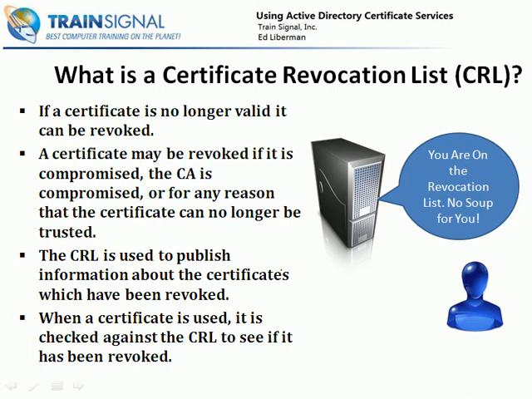So the point is, even if some entity has their hands on a certificate which says that they are somebody or something, if you check to see that that certificate is valid, in other words, you check against the CRL, that's how you can truly know if it is okay to trust this entity. That's a very important step, by the way, because if you don't check it against the CRL, then you don't know if the user is who they say they are or the computer is who it says it is.